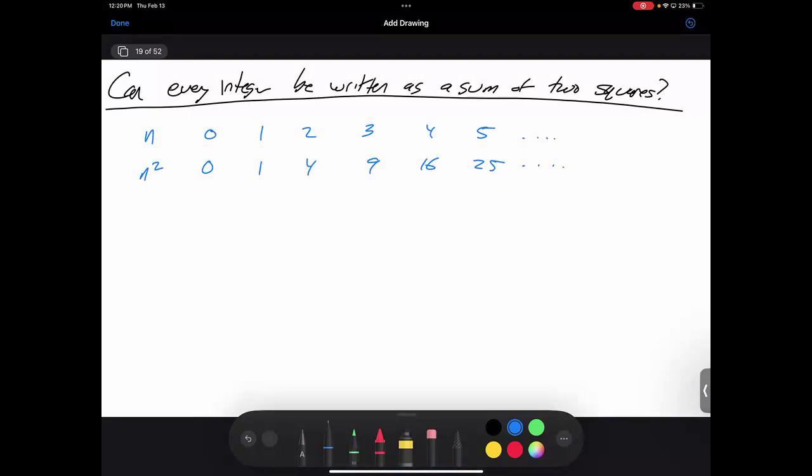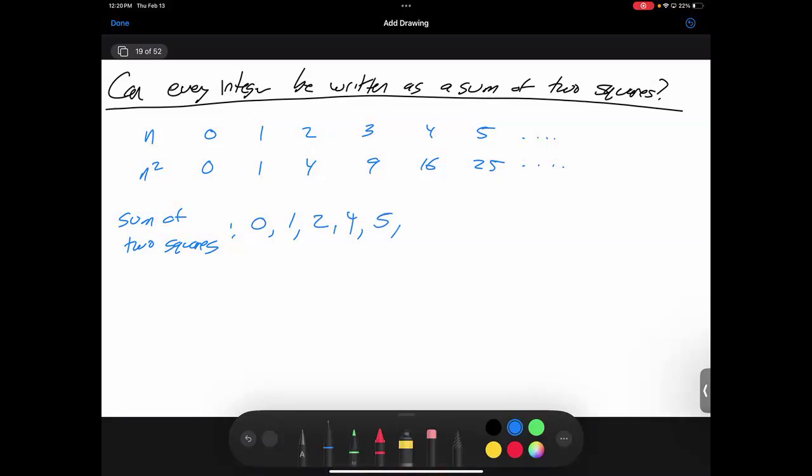And if you start looking at all possibilities, sum of two squares, just gathering some data, we get 0, 1. What's the next thing we can get? What's the next sum of two squares we could get after 1? 2. What's the next one we can get? 4. What's the next one we can get after 4? 5.